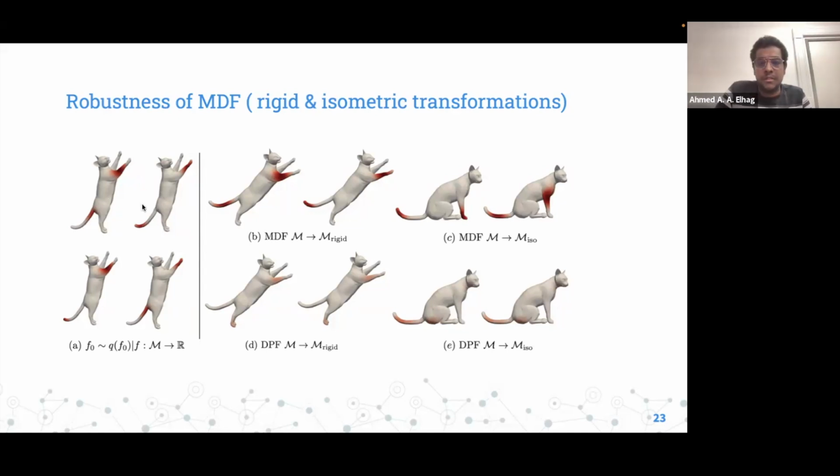You just train on this, and you do inference on the transformed cat. You can do a 3D rotation like this, or you can also do isometric transformations, where you transform the cat but the geodesic distance between every point stays constant. So here's the performance of MDF. You get high quality samples when you do this, but when you use Fourier as a positional embedding, this is totally false.